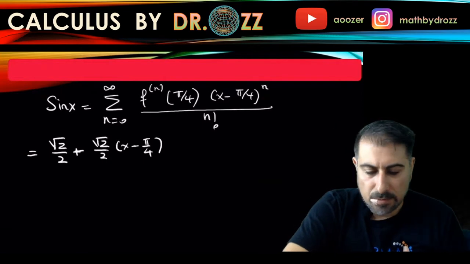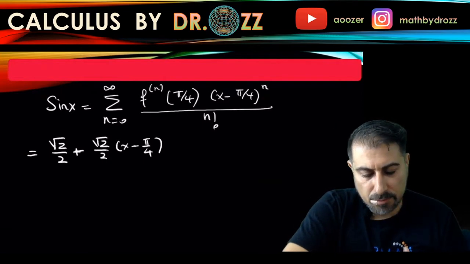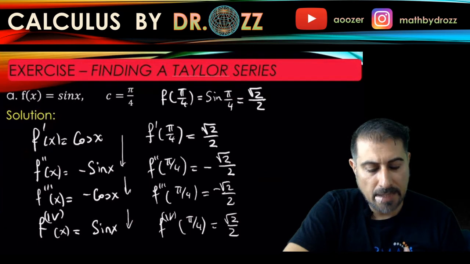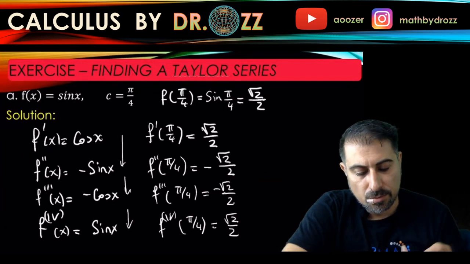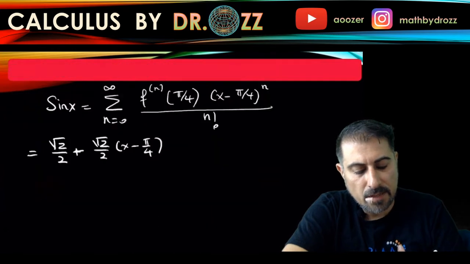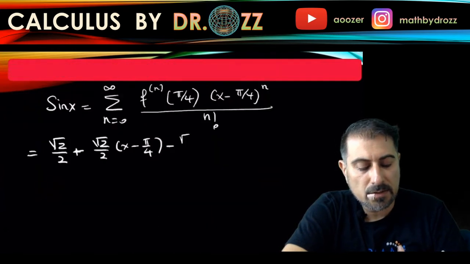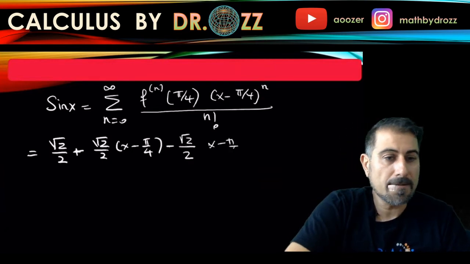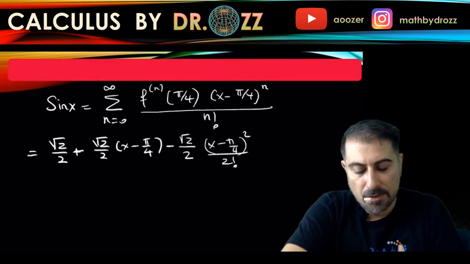Let's go back to the second derivative evaluated at pi over 4. That's negative radical 2 over 2. So I can continue with this as negative radical 2 over 2 times x minus pi over 4 squared over 2 factorial. Okay, let me continue from here.